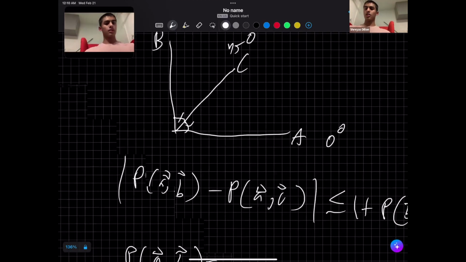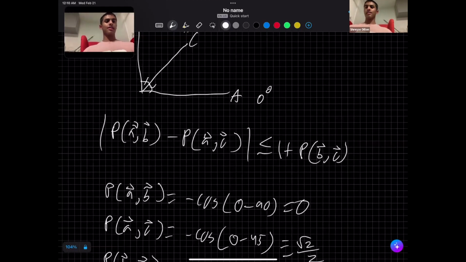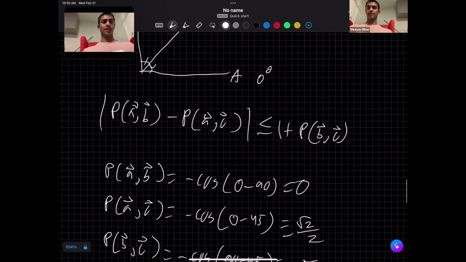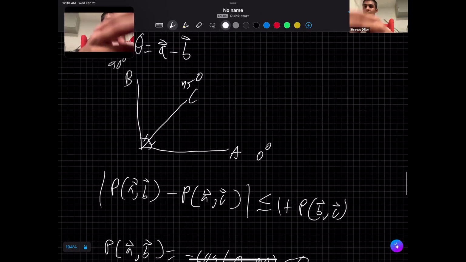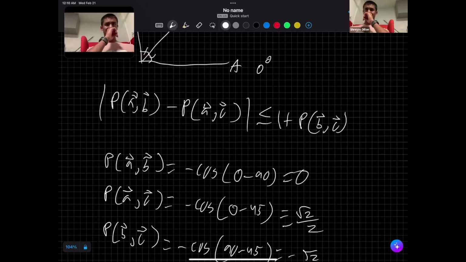From here, we can go back to our Bell's theorem, which is right here, and then use our quantum mechanical prediction, negative cosine of theta, to plug in values of now our A vector, B vector, and C vector to actually get a numerical disprovement. So P of A vector, B vector, A is 0 and B is 90. And we know theta is A minus B. So you have negative cosine of 0 minus 90.